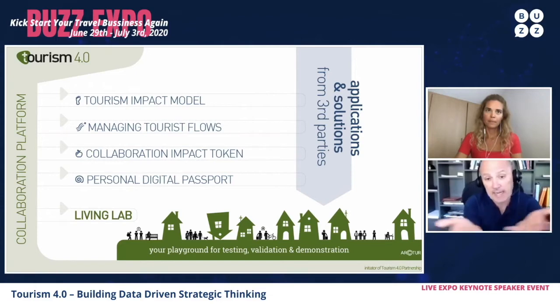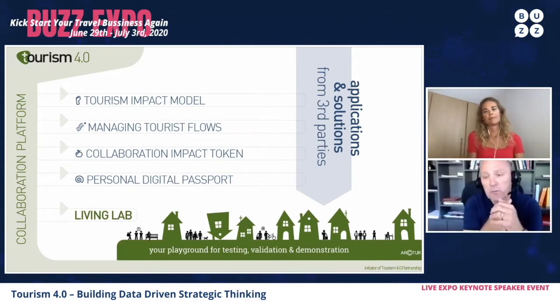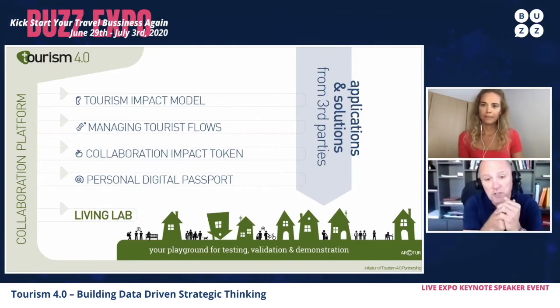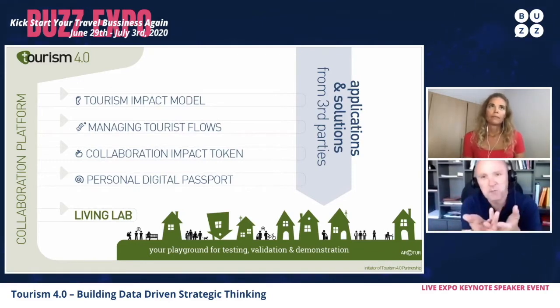And the last one is physical. We were lucky in one of the projects. We got financing to build a real living lab, a real tourist village with mobile houses, etc., in a very attractive location. And we will do all sorts of experiments there.